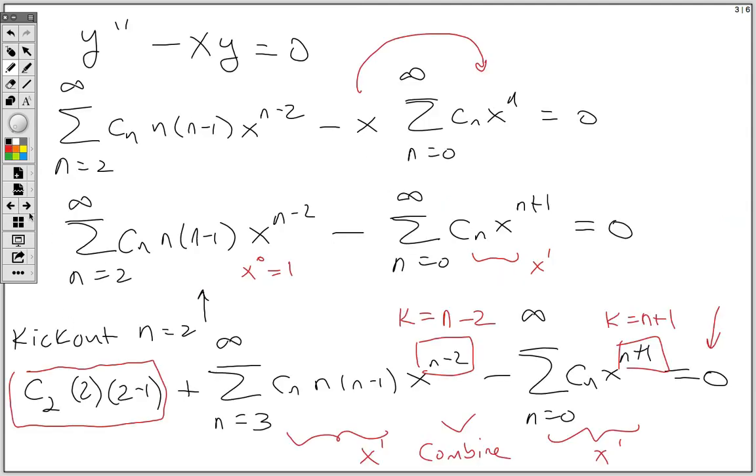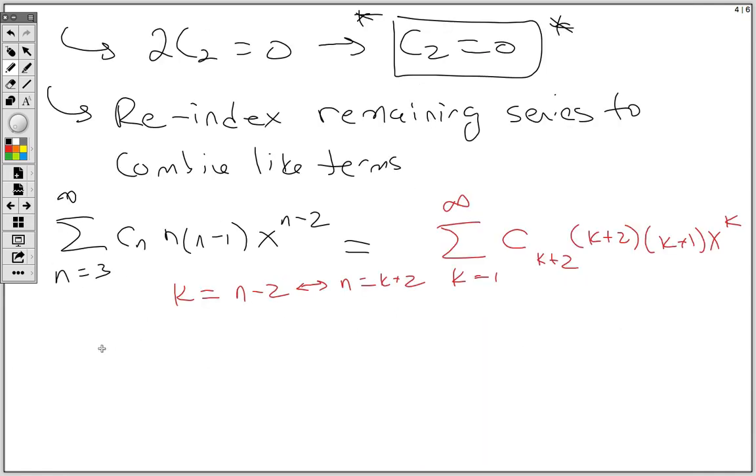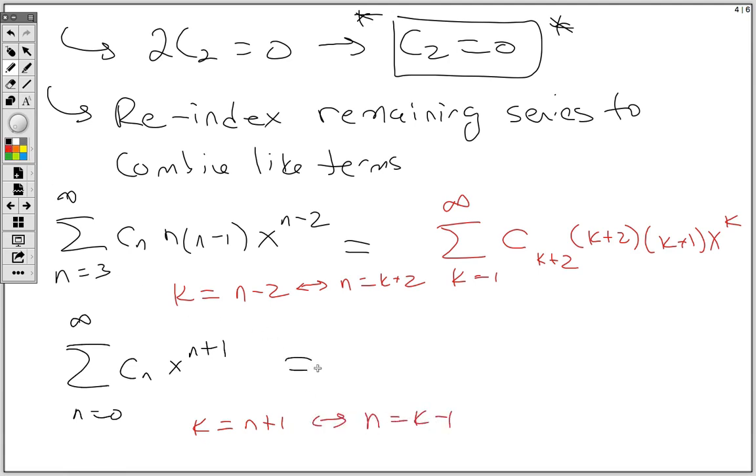Now let's take the other sum, n equals 0 to infinity, c sub n x to the n plus 1. And once again, I'm going to let k be the power on x, because those are the things that are the same now. This means n equals k minus 1. So what do I get here? I get the sum.